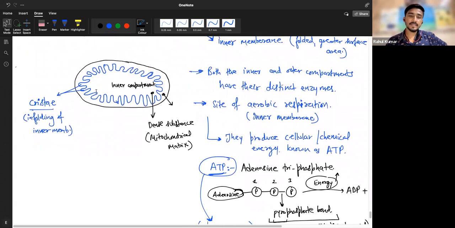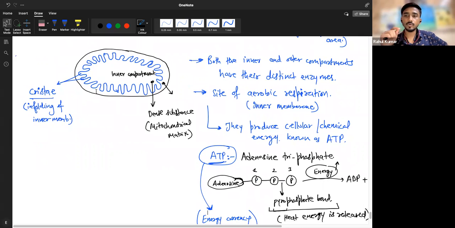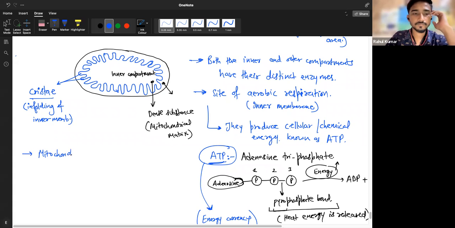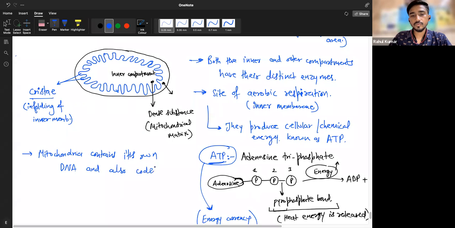Mitochondria contains its own genetic material, its own DNA, and also codes for some mitochondrial proteins.